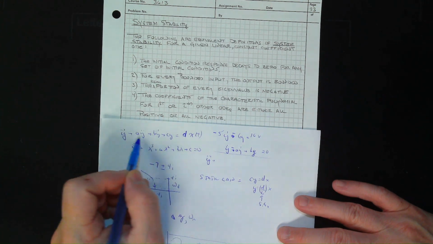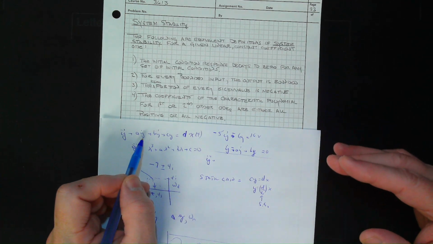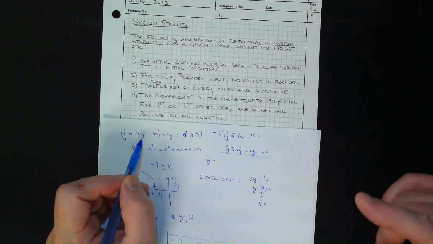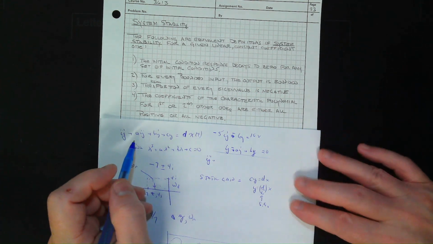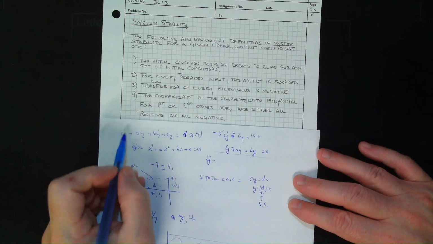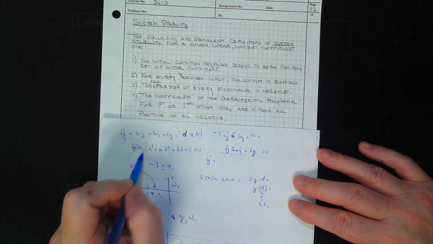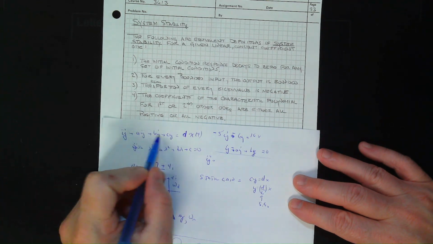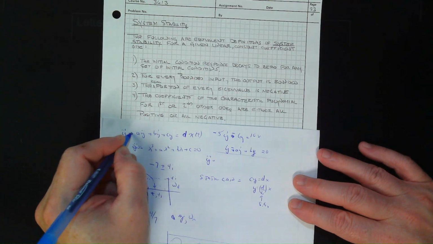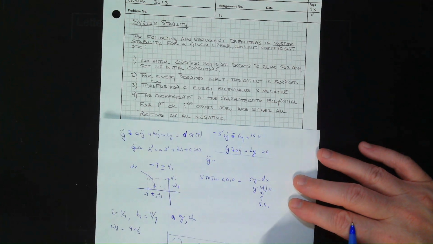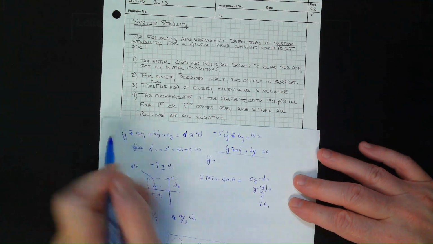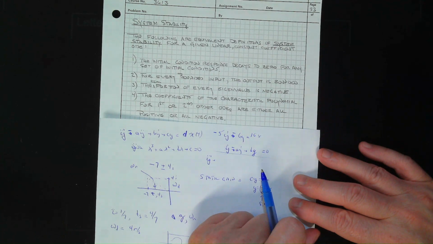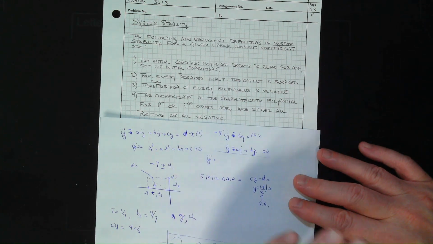You need them to be positive to have the chance of being stable, but it doesn't guarantee it. However, if you look at a third order or a fourth order or a fifth order where the signs are not all the same, so let's let this one be negative, you are guaranteed that that is an unstable system. It will blow up. For any input, it's going to go to the moon.